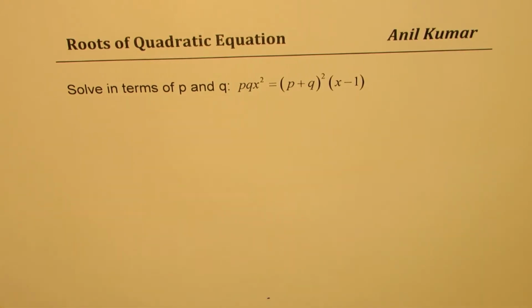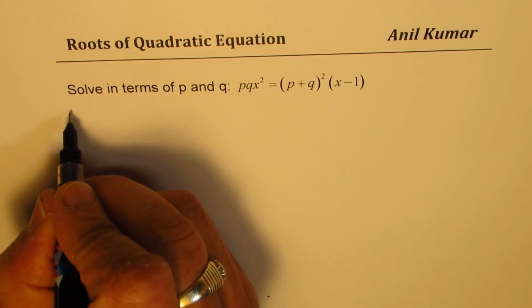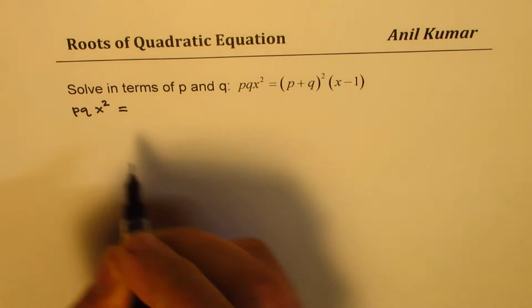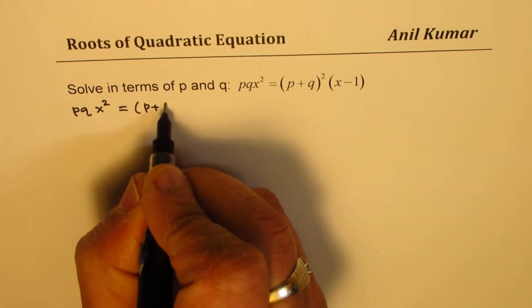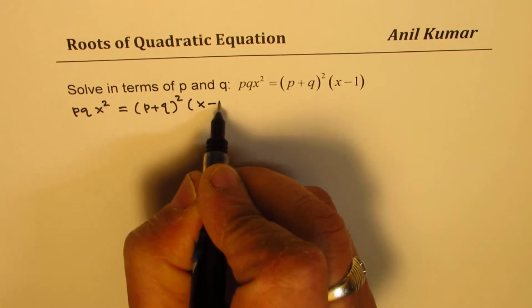Now let's rewrite this particular question and try to solve it by making it a quadratic equation in terms of P and Q. So we have PQx² = (P+Q)² times (x − 1).